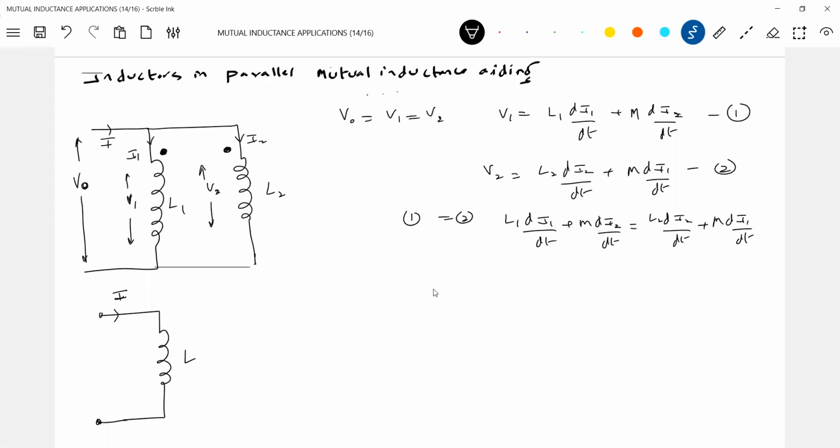So let me bring, L1 minus M di1 by dt equals L2 minus M di2 by dt. I'll call this equation 3.